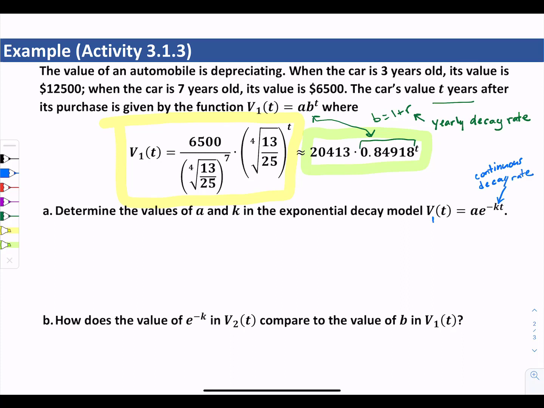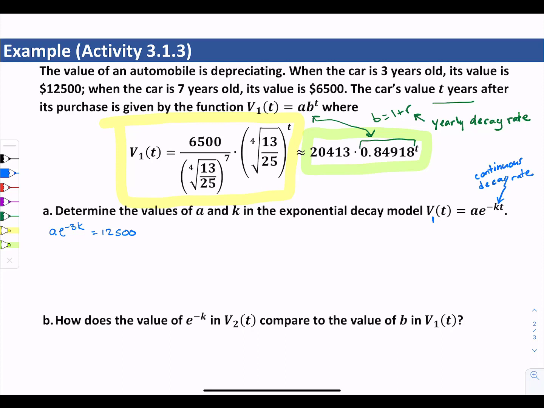Okay, so we are going to set up this problem similarly to what we did back in activity 313. So we will have ae to the negative 3k. So we're substituting 3 in for t. So at 3 years, the car is $12,500.